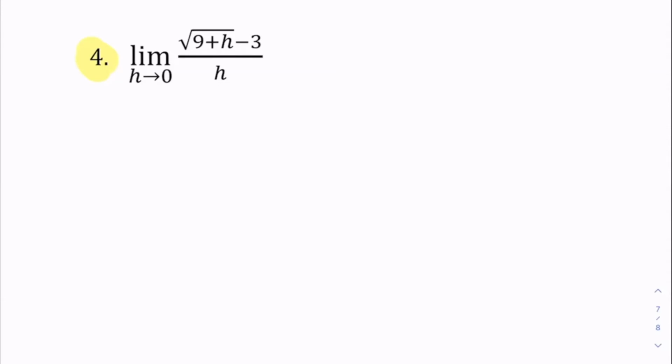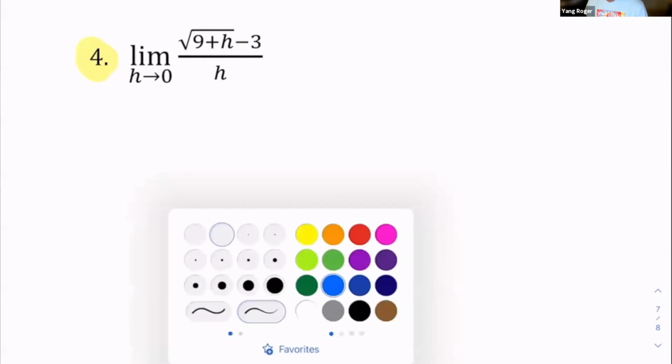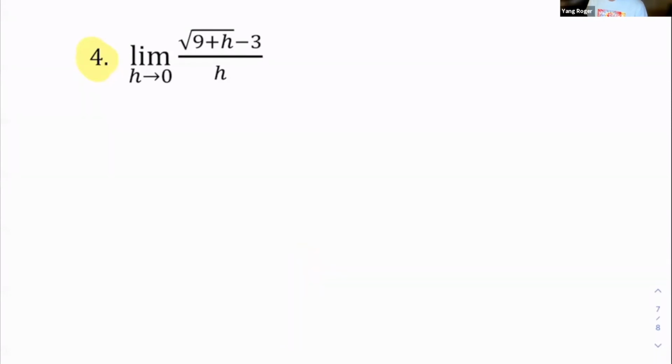Just because remember I messed up the last one where I had the wrong number. So when I plug in a 0, I'm going to get the square root of 9. The square root of 9 is 3. 3 minus 3 is 0. So you get a 0 up top. You plug in a 0 on the bottom, you get 0 over 0. So we can't use the direct substitution property.